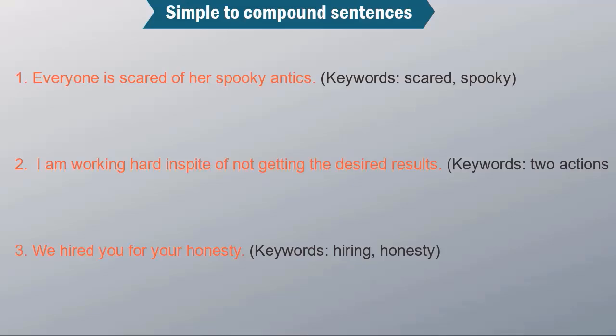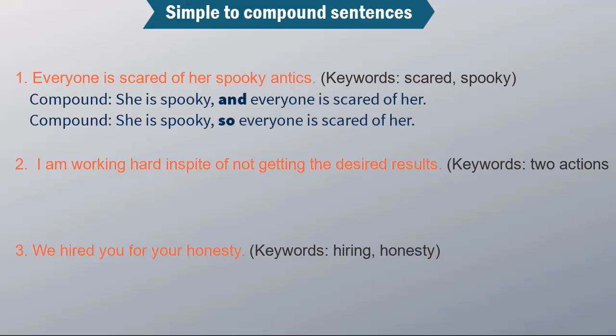Example number 1. Everyone is scared of her spooky antics. Guys, look at this example. We've got 2 adjectives here, scared and spooky. Scared is referring to everyone and spooky is referring to her. And we can use these 2 pieces of information, these 2 adjectives, to transform this sentence into a compound sentence. Let's do it.